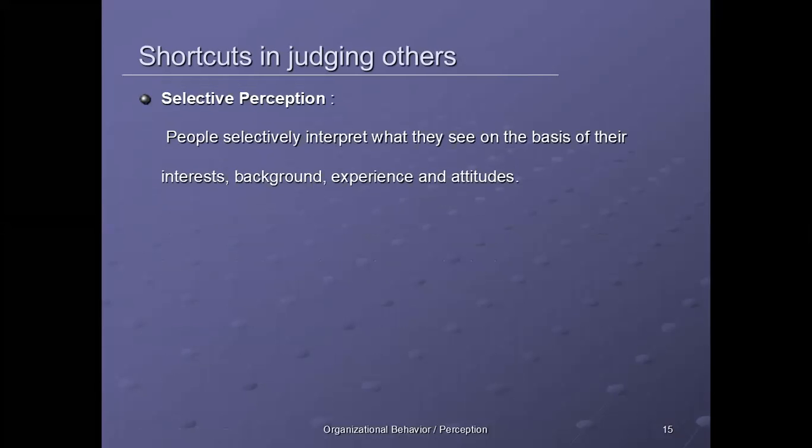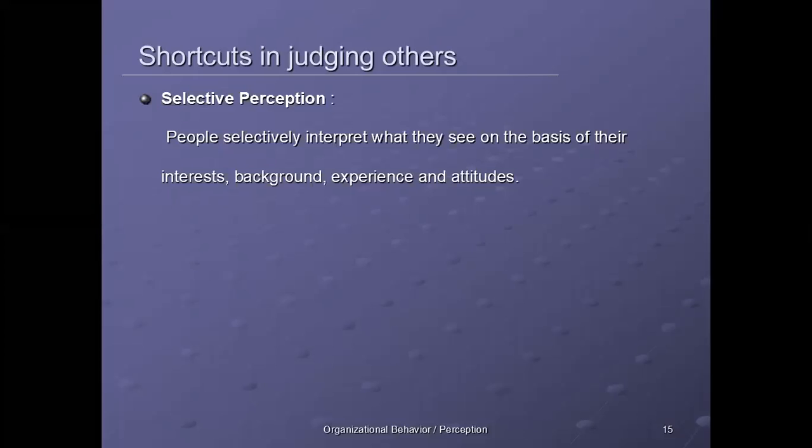Very often people say, I know what is right, or what I say is the right thing. People have their own individual views, and they think those views and opinions are right. The way I see the world is the way I think everybody else has to see the world. This is selective perception.